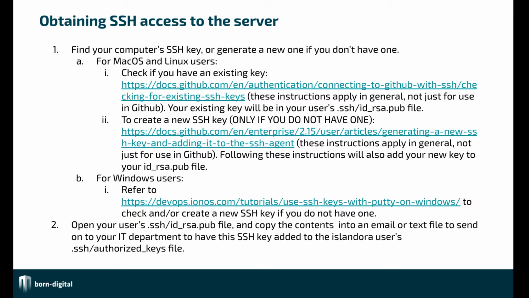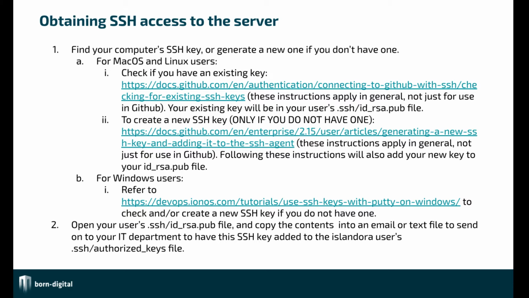To create a new SSH key, only if you do not have one, follow the link here in 1A II. These instructions too apply in general, not just for use in GitHub. Following these instructions will also add your new key to your id_rsa.pub file.